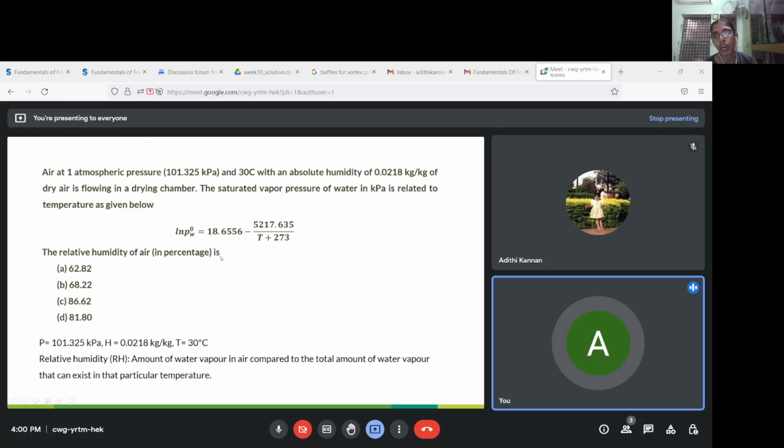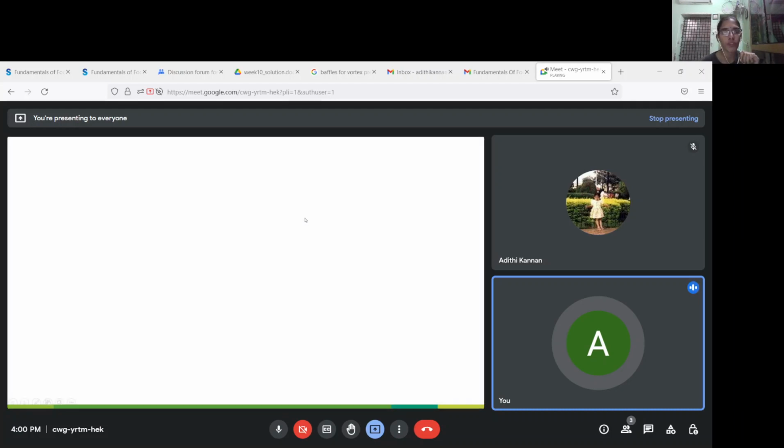Generally in our lectures, we have been using PS as the saturated vapor pressure. But in this question, saturated vapor pressure has been given as P0W. So we need not get confused between PS and P0W, which are the same in this question. So we'll first calculate how to find relative humidity.